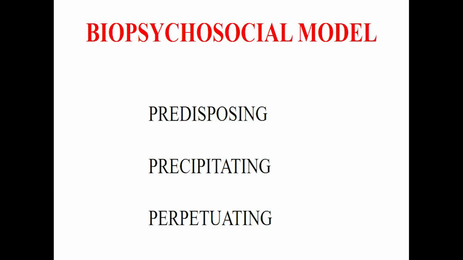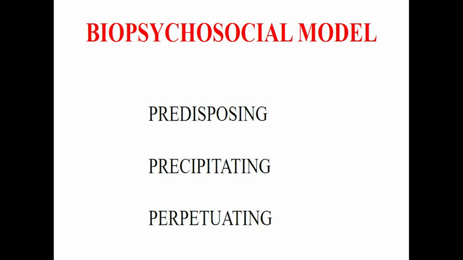What are the modalities of treatment? This is the biopsychosocial model. Predisposing factors: before the existence of the problem, what was the condition, family life, financial condition, his background, which is very important in the treatment model. Precipitating factors: what factors are responsible for him?